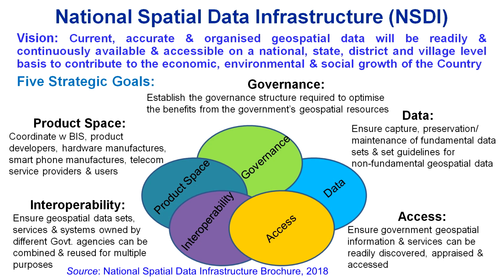This was approved by our parliament, and as you see, the main components of it are the data, obviously, access to the data, interoperability of the data, developing different data-based products, and the governance of the data.